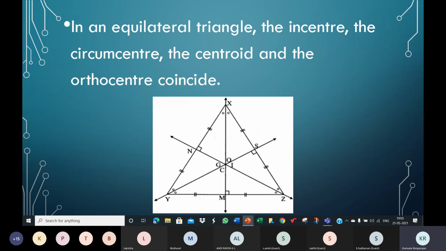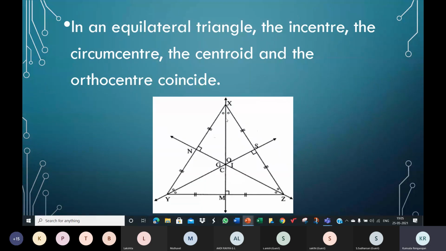No, no. This property is in every triangle. But these four things coincide only in an equilateral triangle. But that property, the centroid dividing the median in the ratio 2:1, applies to the median in any triangle.